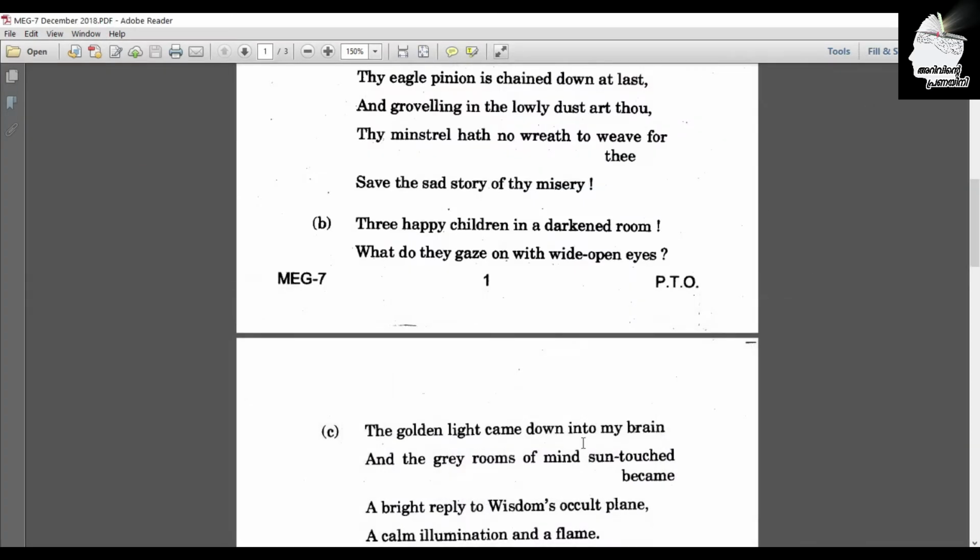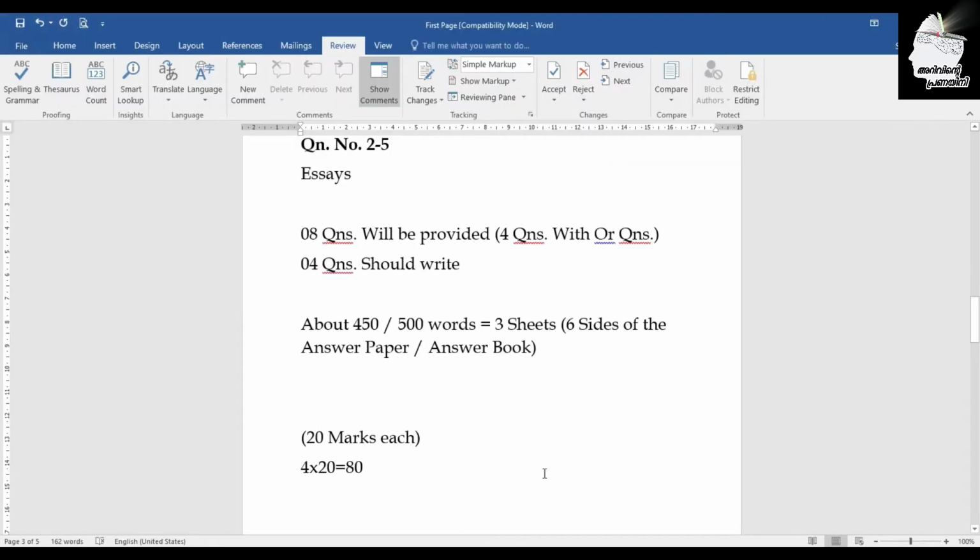So you have to write 450 or 500 words, and to do that you must write at least 3 sheets. That means 6 sides of the answer paper or answer book.